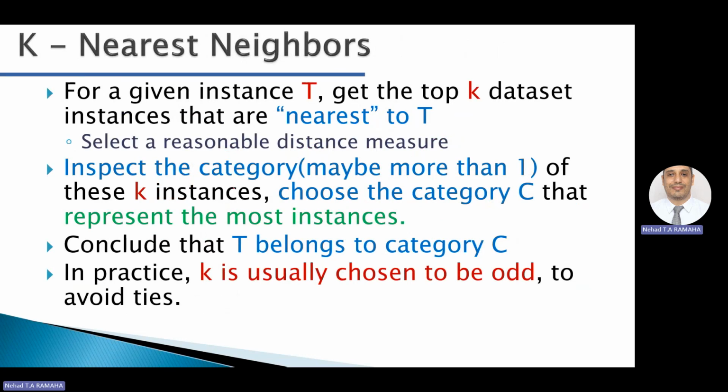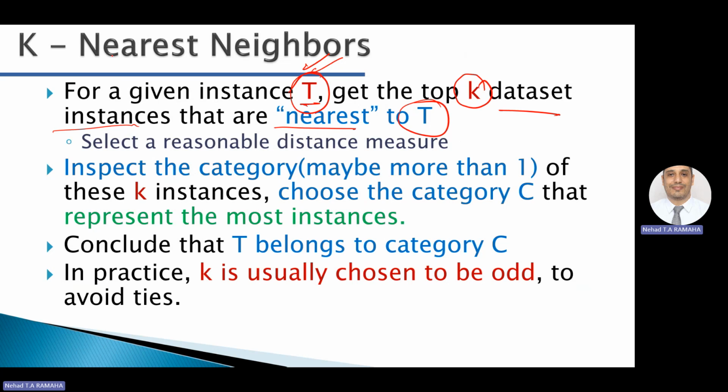For a given instance T, get the top K data set instances that are nearest to T. T means the test data. So you have new data, you need to test it.